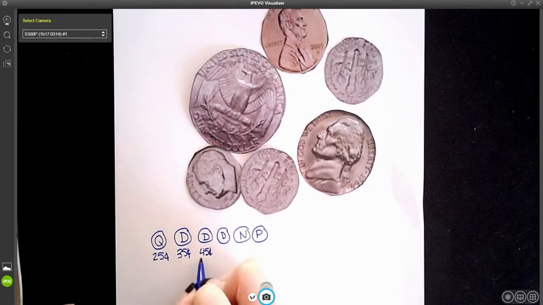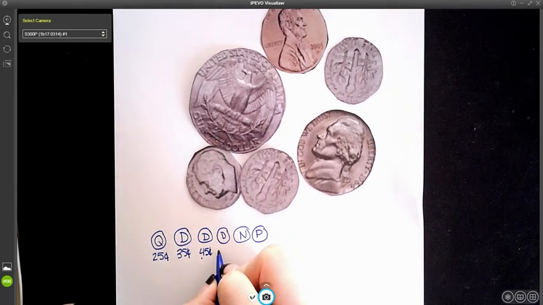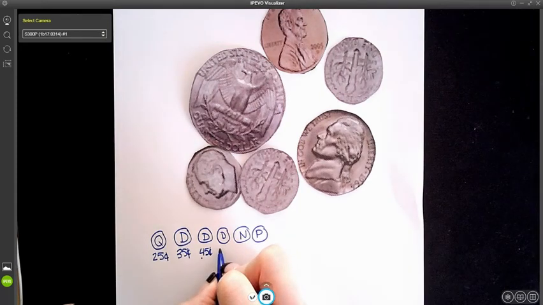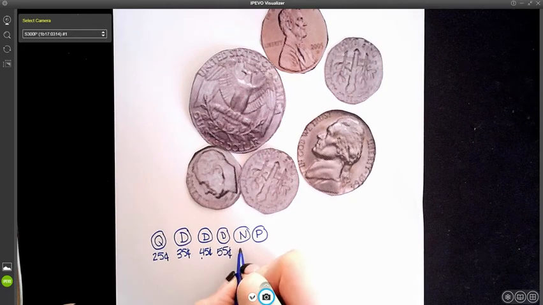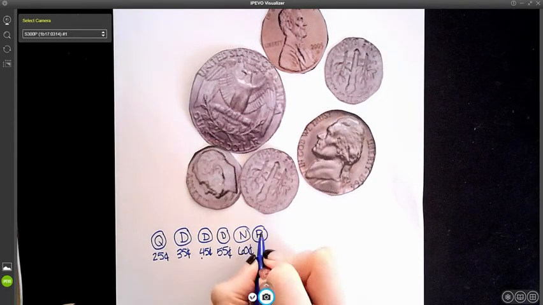I'm adding another 10. My tens place is the only one that will change. So 45 plus 10 is 55. Plus 5, that is going to be 60. And then plus 1 more penny. So 60 plus 1 is 61 cents.